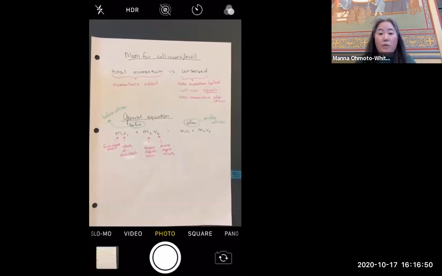Now that you know how to identify whether something is inelastic, a recoil, or a collision problem, we can do math with it. One of the things to remember in all of these problems, whether they're sticking together, not sticking together, or they come apart, is that total momentum is conserved. So what does that mean? Total momentum means that the momentums added together before and after are the same.